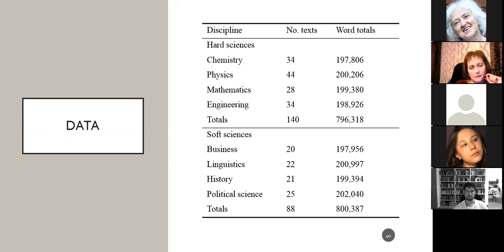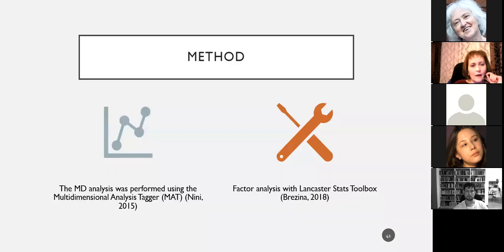So the corpus amounts to approximately 1,600,000 words, and as you can see from the table, it is balanced in terms of the number of tokens referring to each discipline, that is approximately 200,000 tokens for each subcorpus.